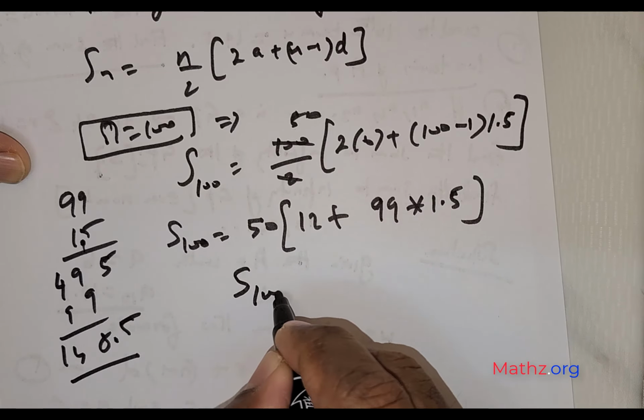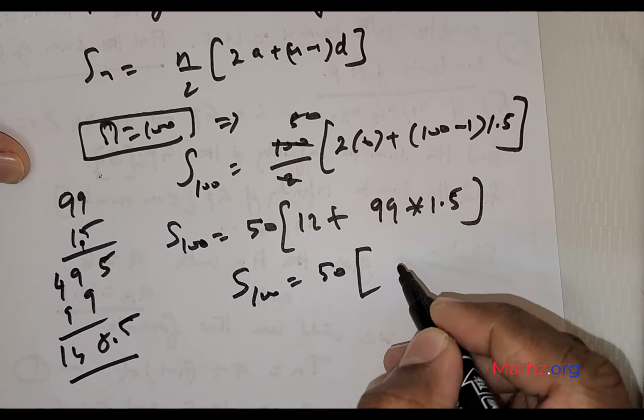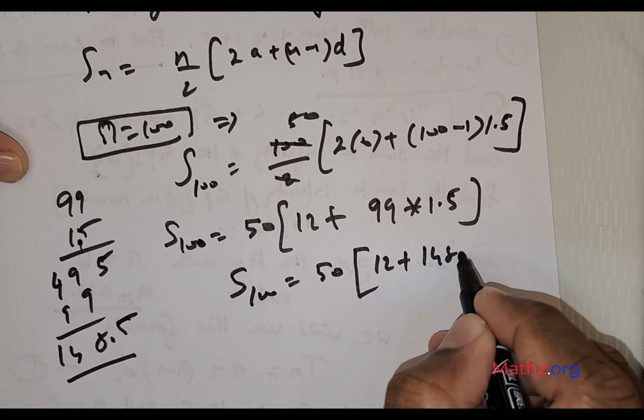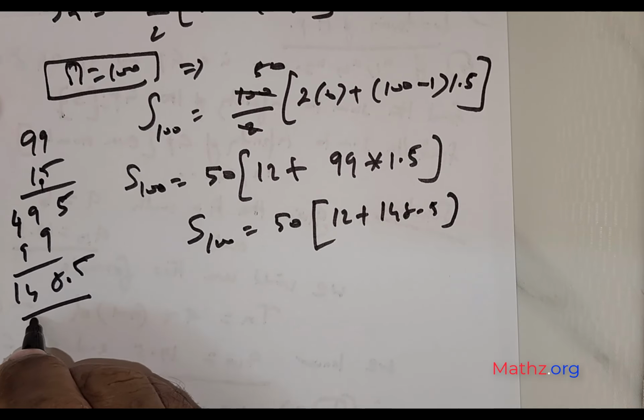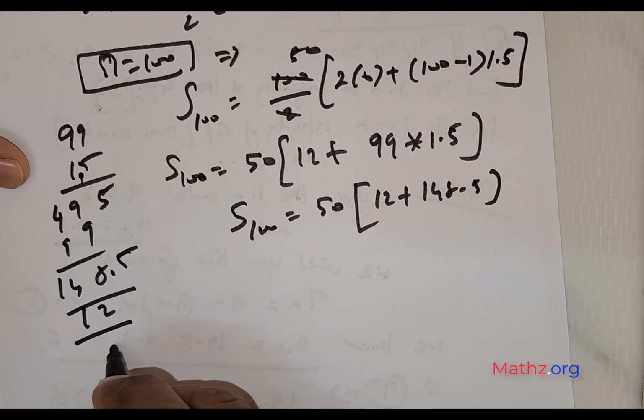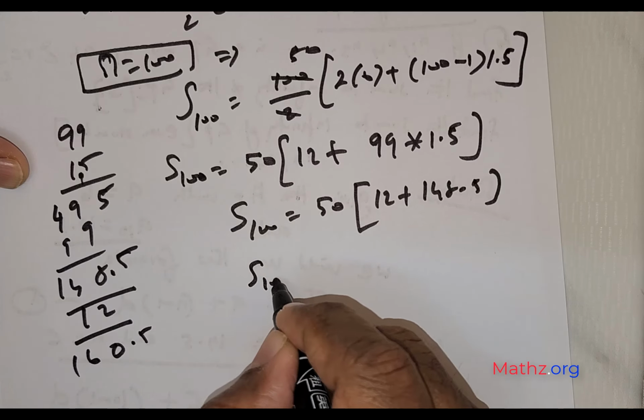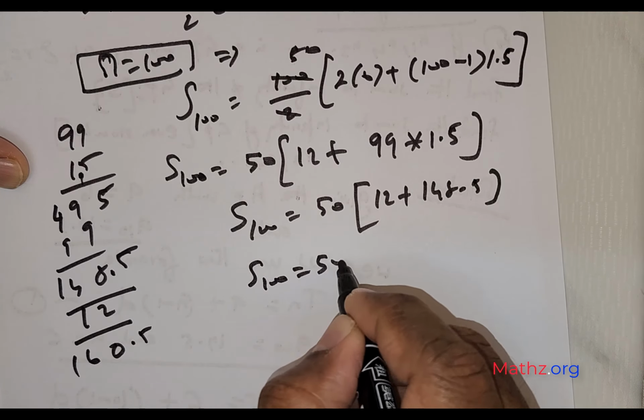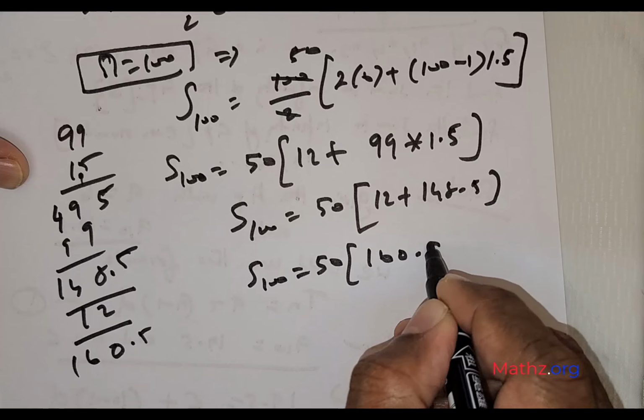That would mean S100 is 50 times 12 plus 148.5. You add 12 and you get 160.5. So S100 is 50 times 160.5.